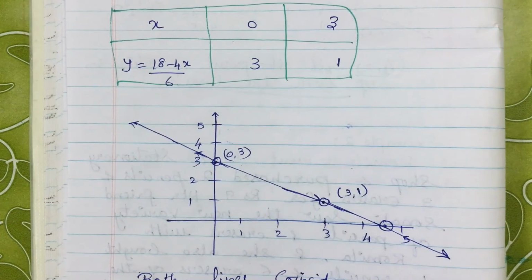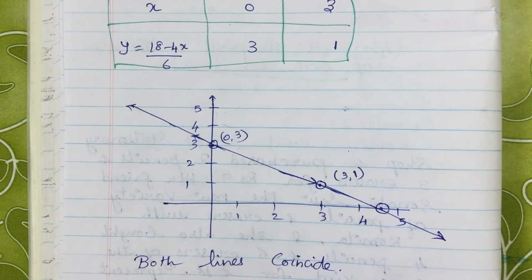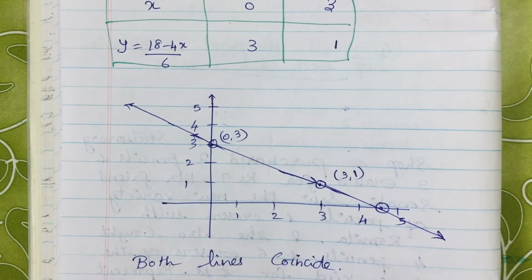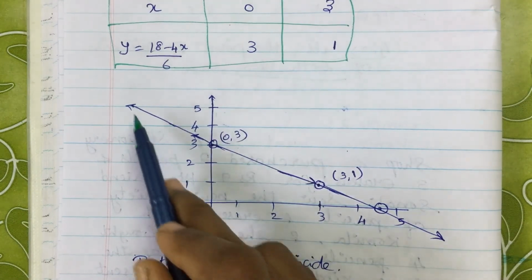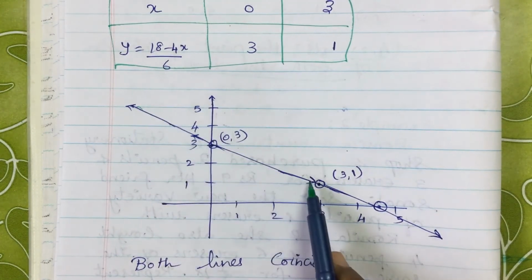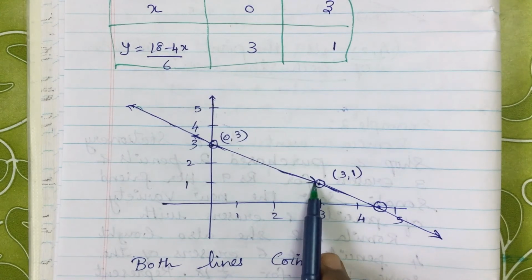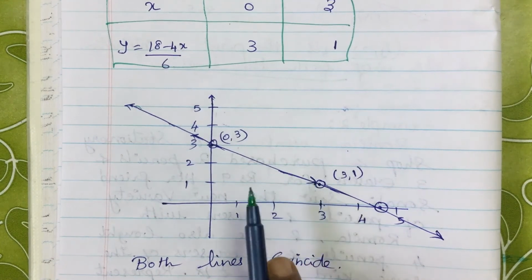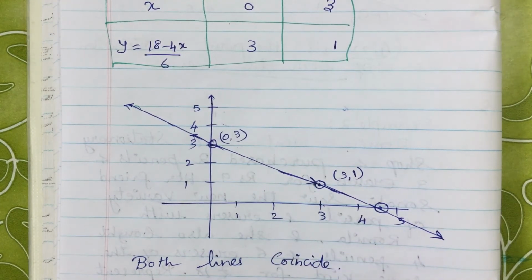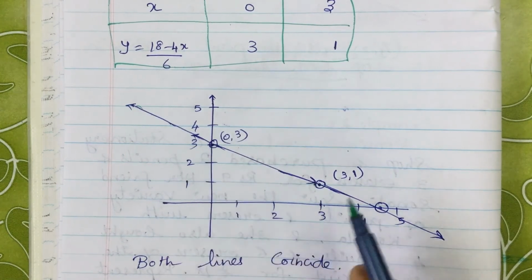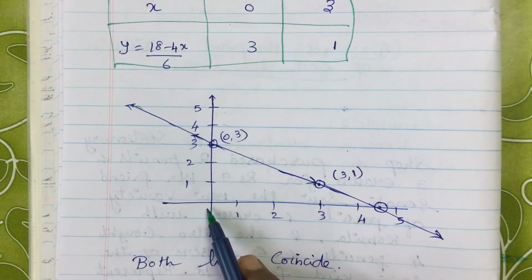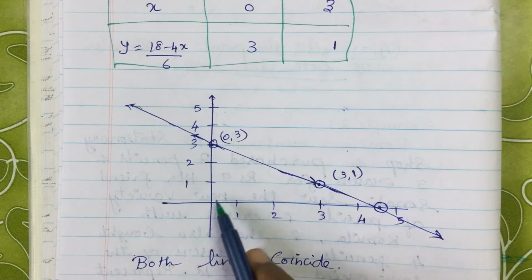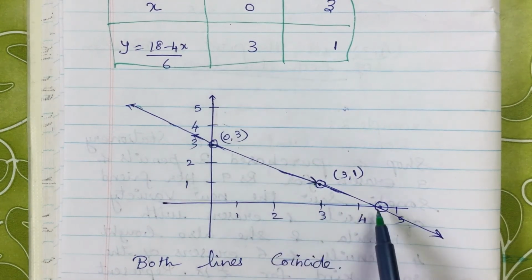After plotting the points, I got straight lines. This is the line for the first equation. The points for the first line are 0, 3 and 4.5, 0.